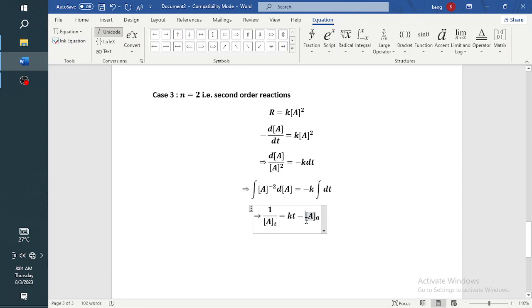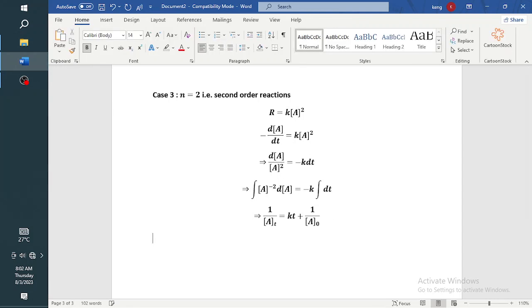Or in this case, it's going to be 1 over the initial concentration. Yes, that's what we are going to have, and here it is going to be positive now.